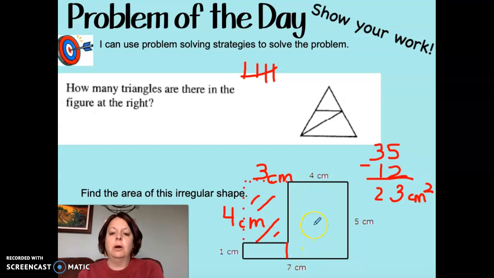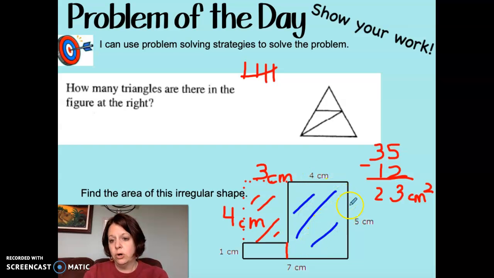Now I'm going to figure it out without using the ghost shape so you can see the other way to do it. I'm going to use blue so you can see this here. First I need to figure out the area of this rectangle right here. It's 4 times 5, which is 20 centimeters squared. Then I need to add the area of this rectangle right here.